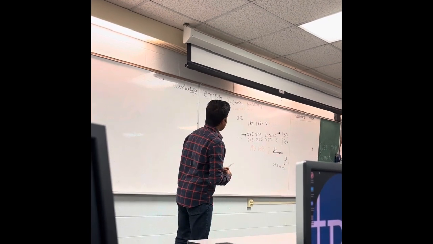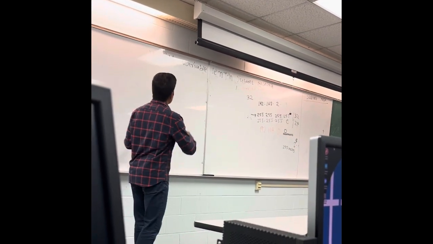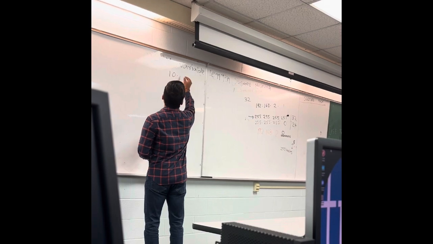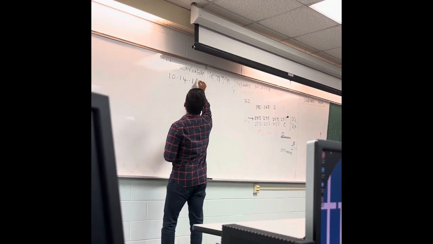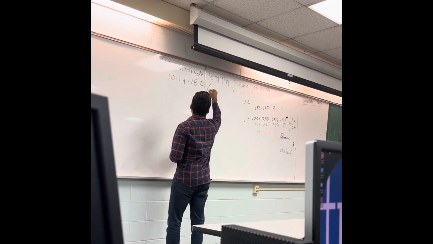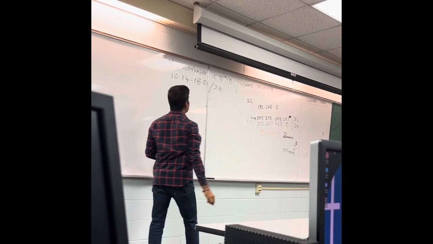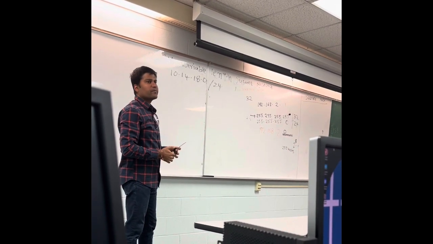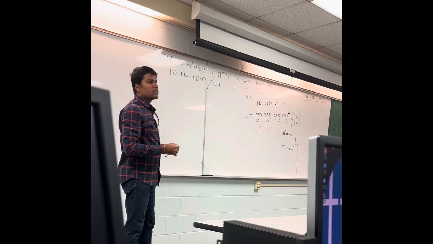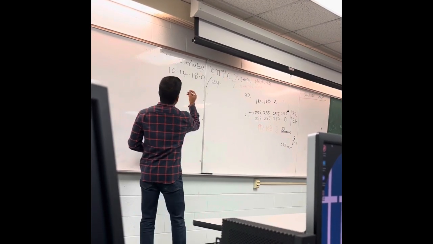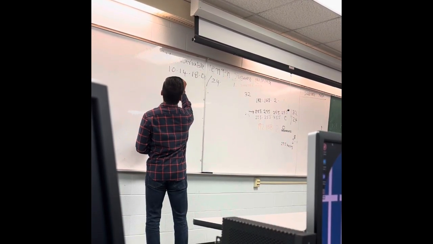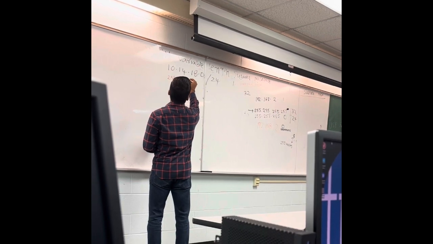So if I give you a network address, what is our network address? 10.14.18.0/24. Can someone tell me why it is /24? That is because that is the subnet mask we chose.